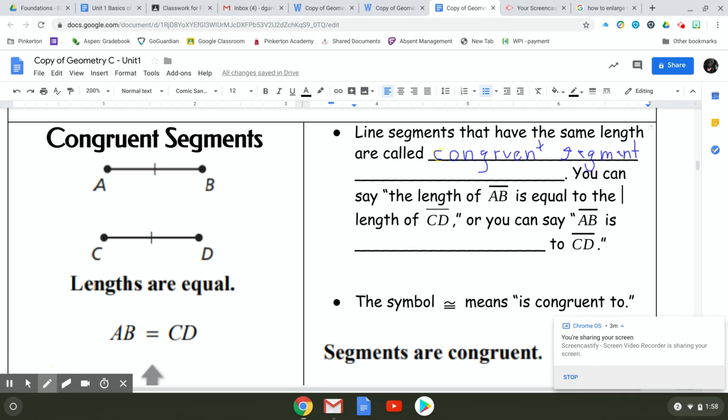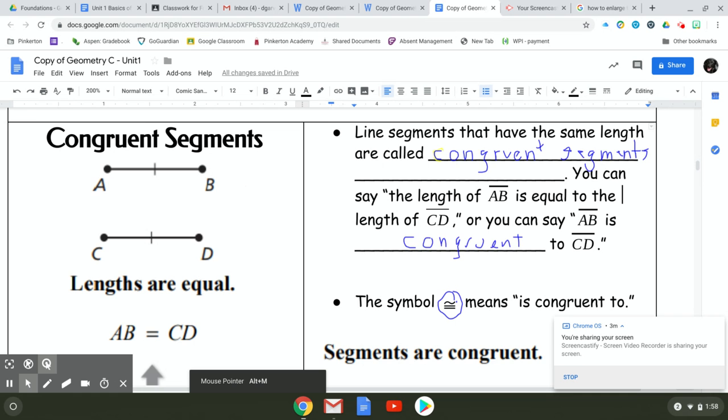All right. You can say the length of AB is equal to the length of CD, or you can say that segment AB is congruent to CD. So the symbol, an equal sign with a little squiggly on top, means is congruent to.